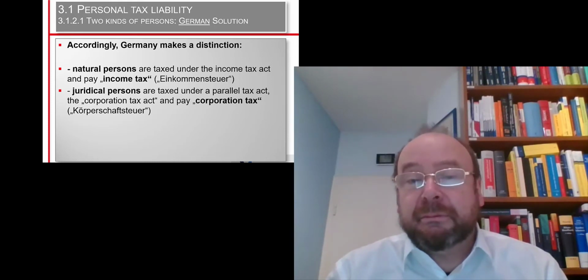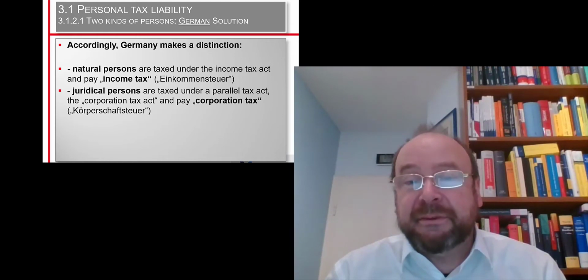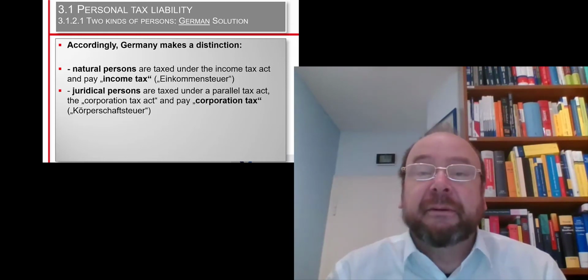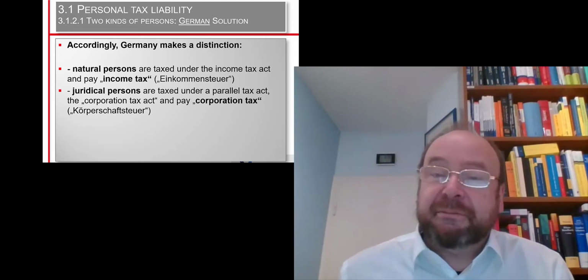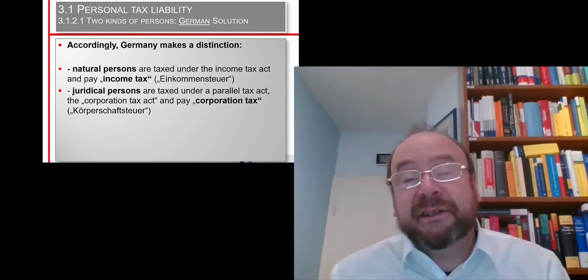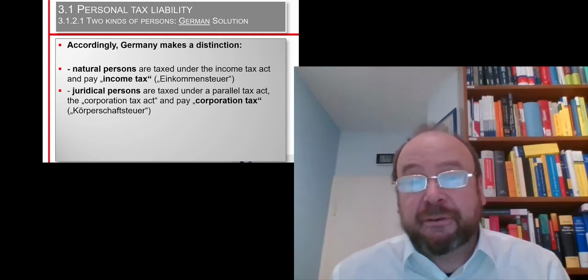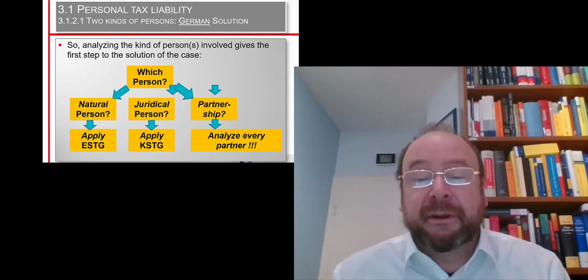And so, according to that, in a partnership, usually the taxation is made differently, separately for each individual partner. Everyone has to pay income tax or corporation tax on his, her, or its share from the partnership income.